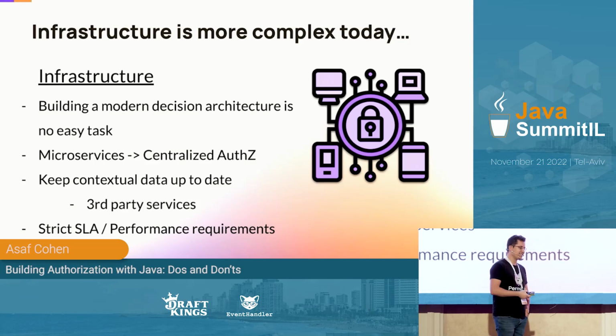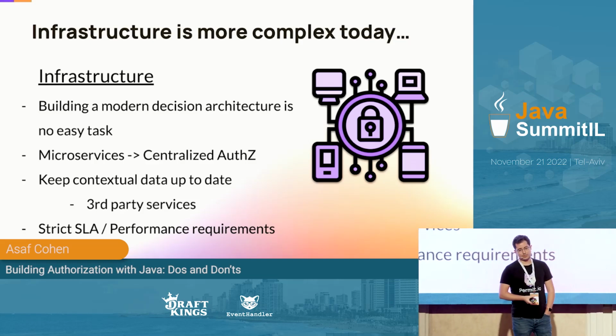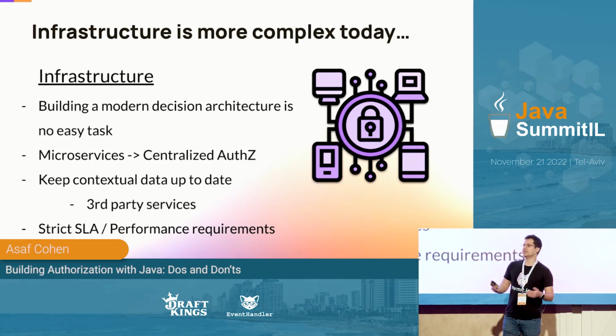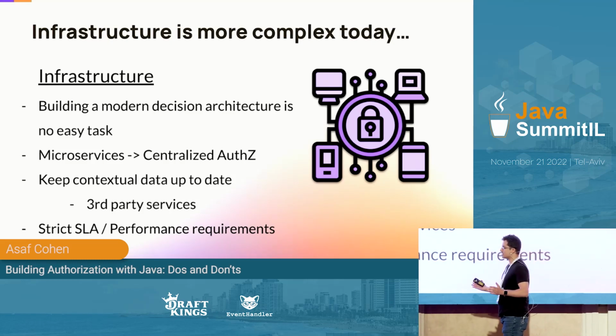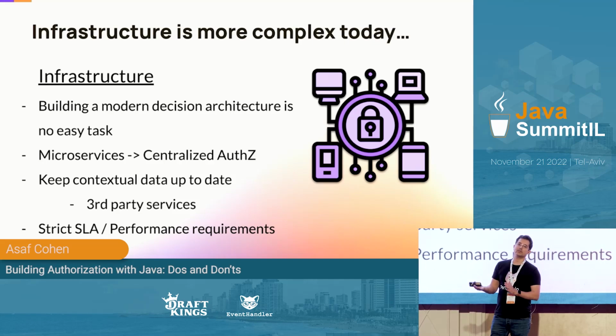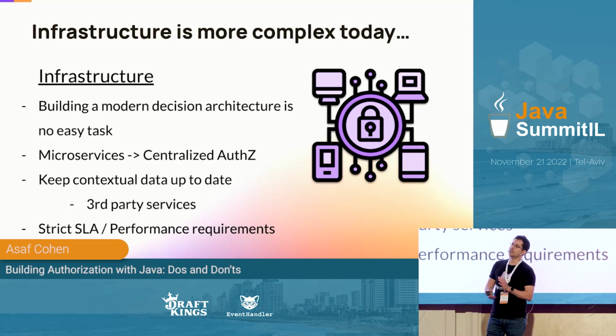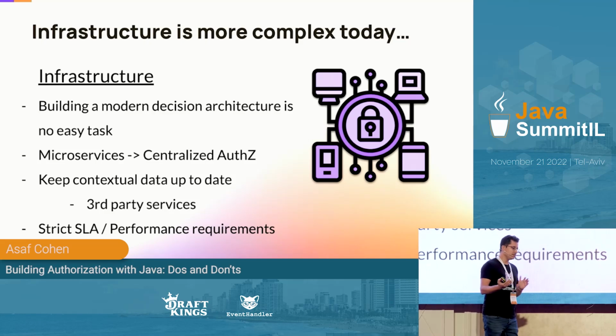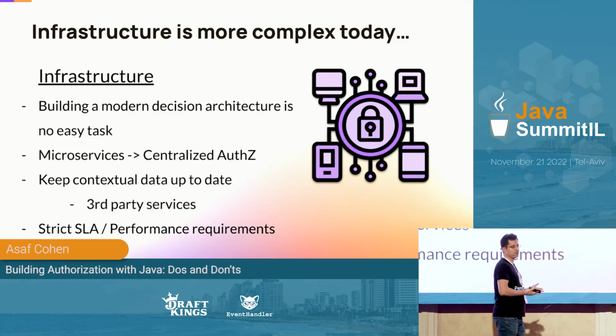This will create security incidents. Don't do that. So centralizing the decision architecture creates difficulties. Now you need one microservice for authorization that enforces it across the stack. And centralized authorization is more difficult.